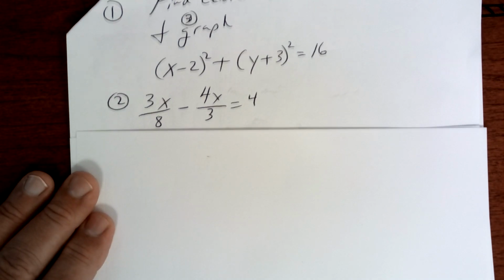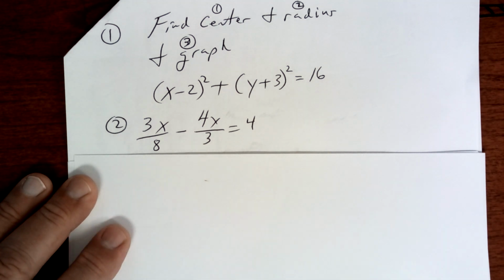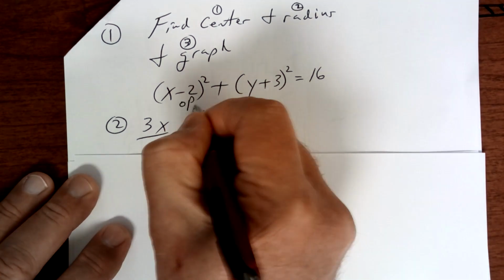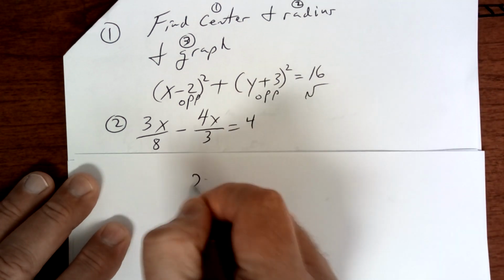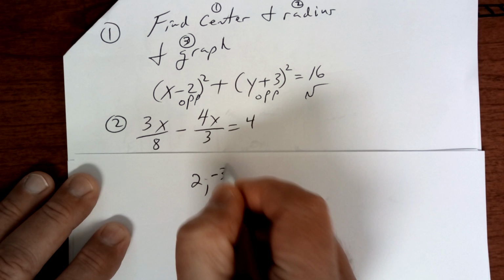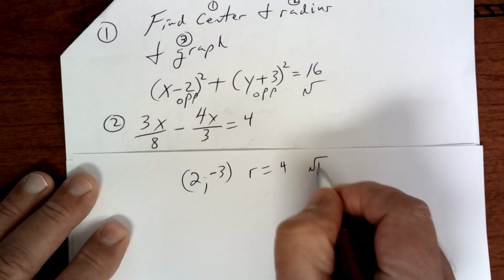Let's turn our attention now to college algebra. Find the center of the circle. Well, the center of the circle is the opposite of the numbers under the square, so it's going to be 2 and negative 3. And the radius is the square root of 16, which is 4.